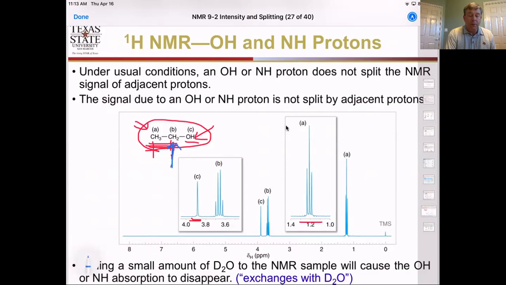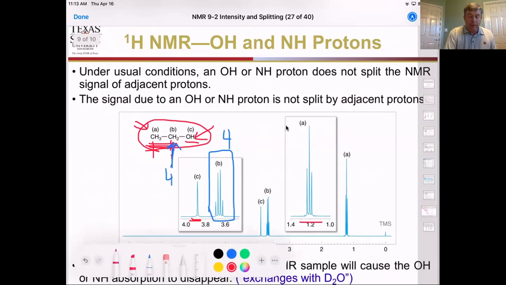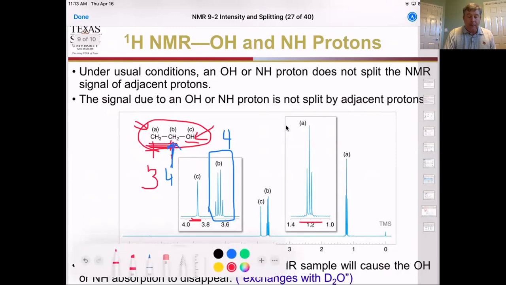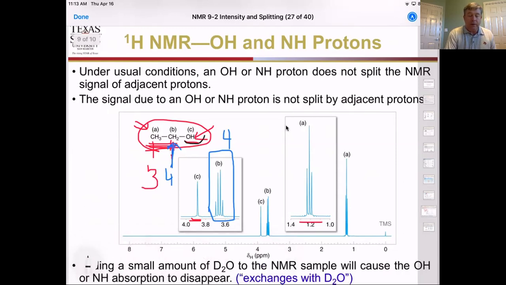So this will give us 1 peak plus 1, 2, 3, which would give us a total of a quartet. So this is our quartet here. This is our triplet here. And because we do not split through electronegative atoms like oxygen, we get a single peak for this.